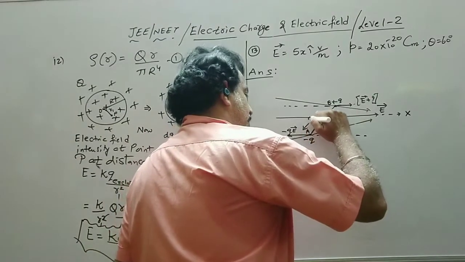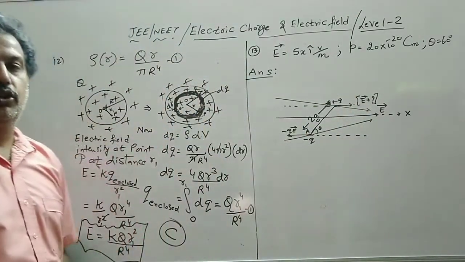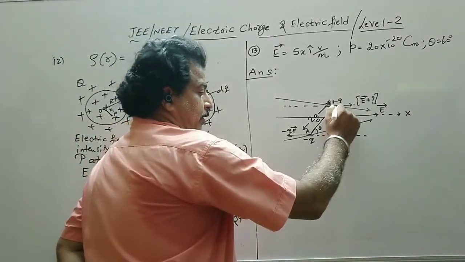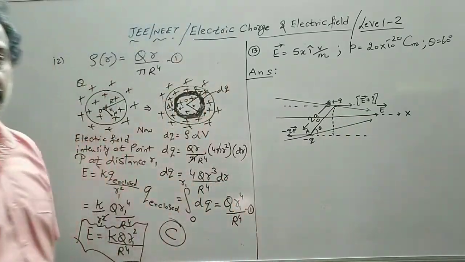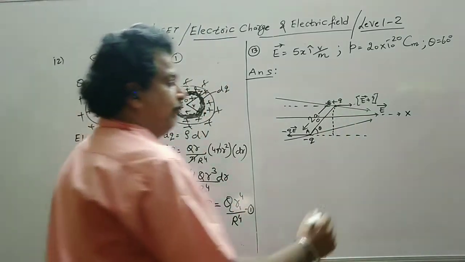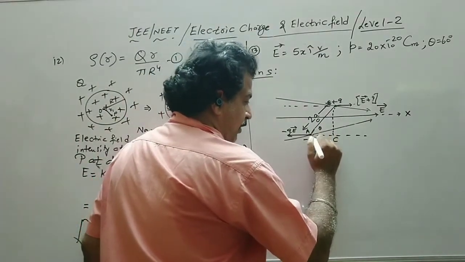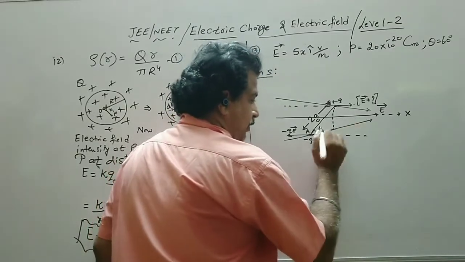Let this distance be denoted by 2a, that we know. Now let us drop a perpendicular to find out the distance. This is called the perpendicular distance between the two lines of action of force. Let this point be C. In this diagram, I am taking this angle as theta to derive the relation.